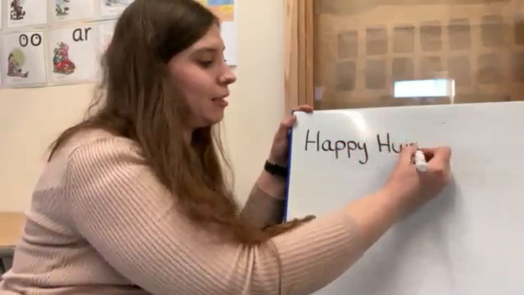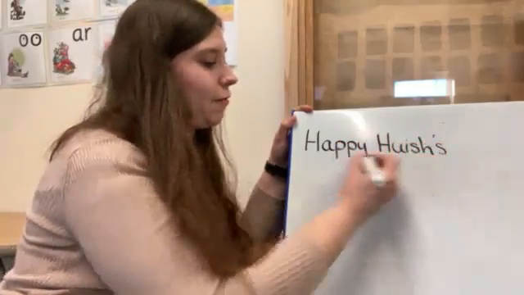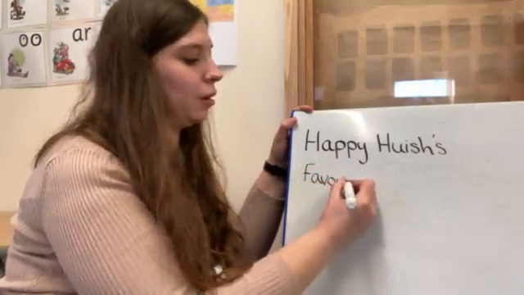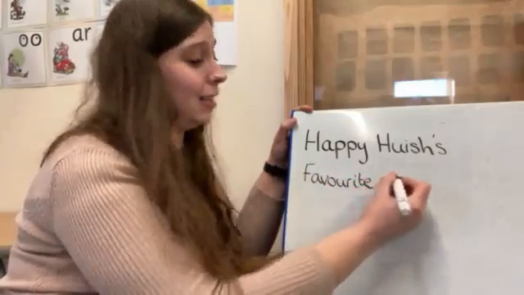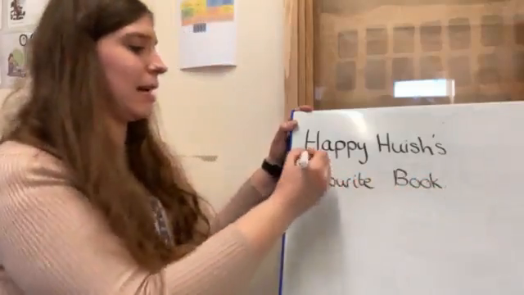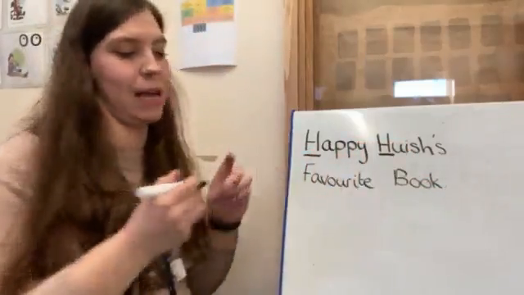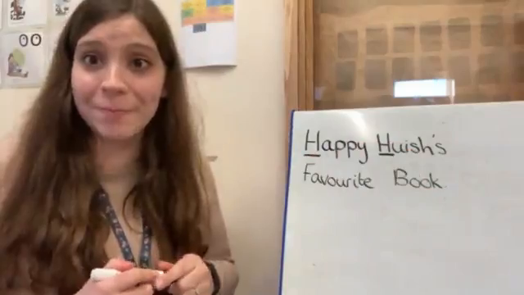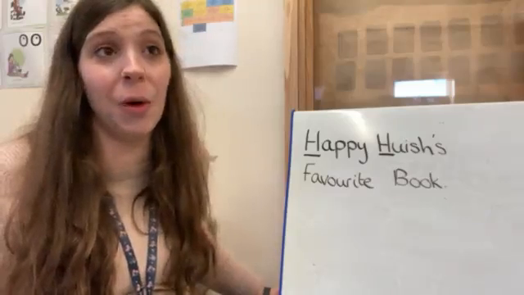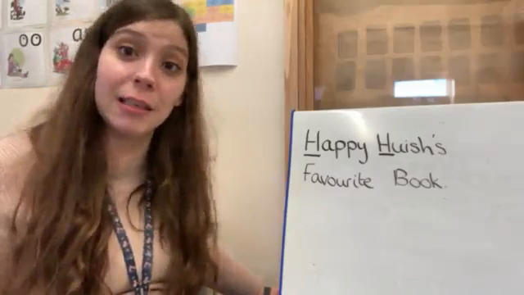Happy Hush's favourite book. So I want you to go away and have a think, what letter or sound does your name begin with? So if it was Bill, it would begin with a B. If it was Sarah, it would begin with a S.